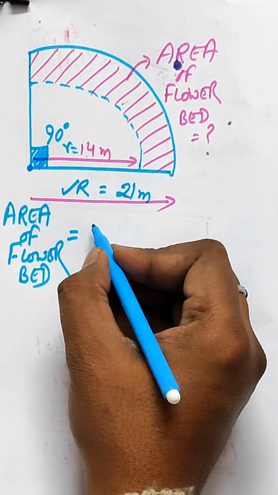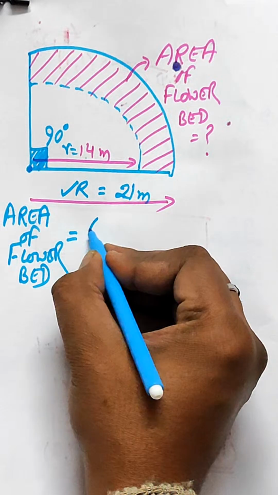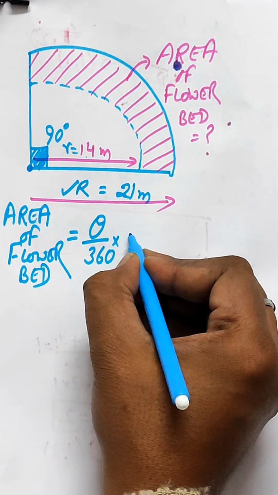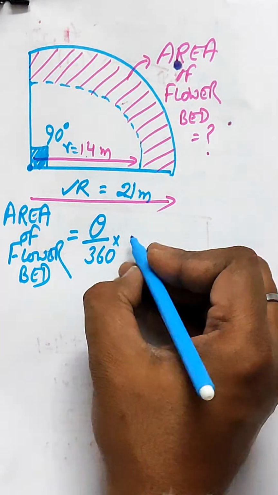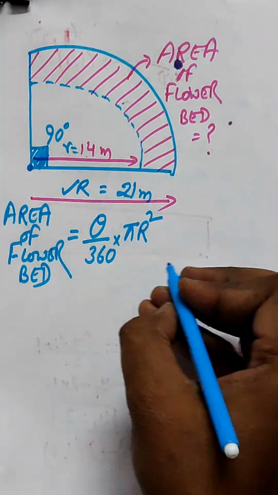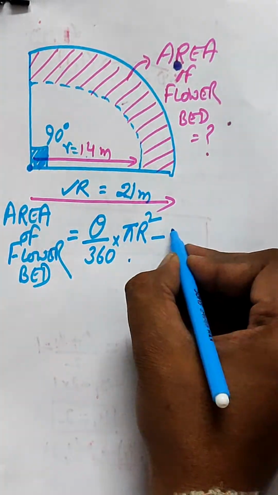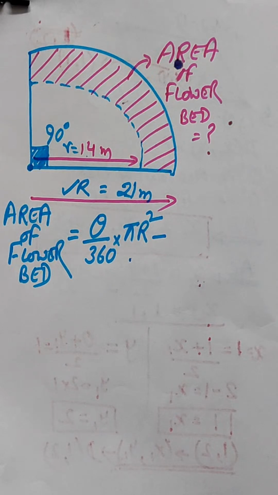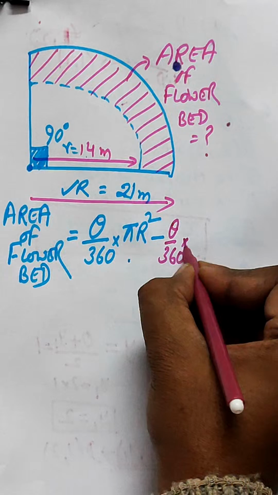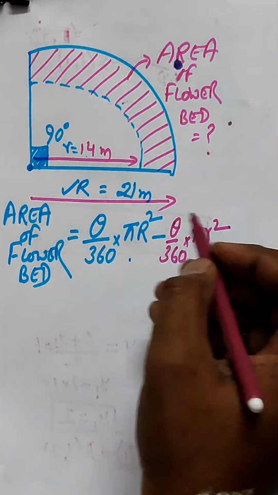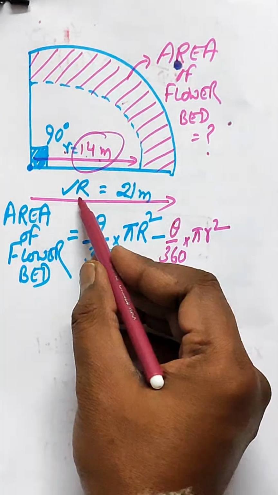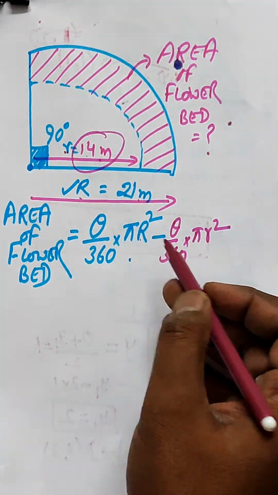So we know the area of the sector, that is theta by 360 into pi r square. So this will be pi into R square minus the another one, that is theta by 360 into pi r square. So mind it, this is a small r with radius 14 and capital R is having a radius of 21.